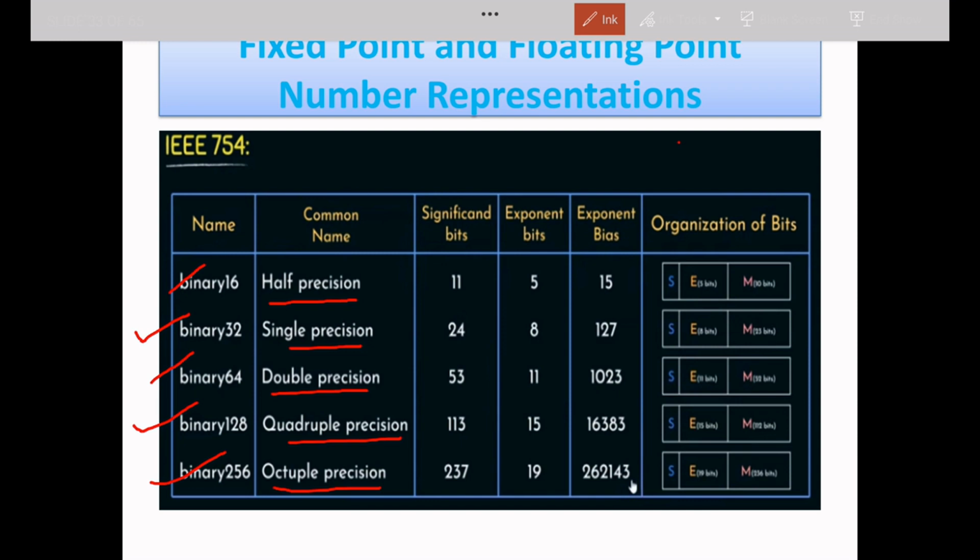Now here the question is significant bits, exponent bits and exponent bias. There are some numbers and this is a representation, the organization of bits, how to organize the bits in exponent as well as in mantissa. This already we discussed.